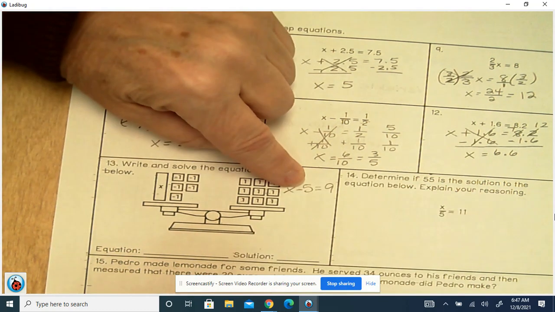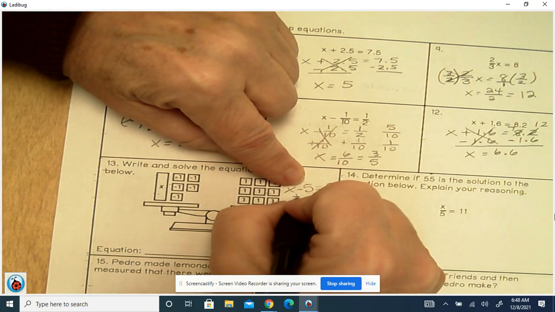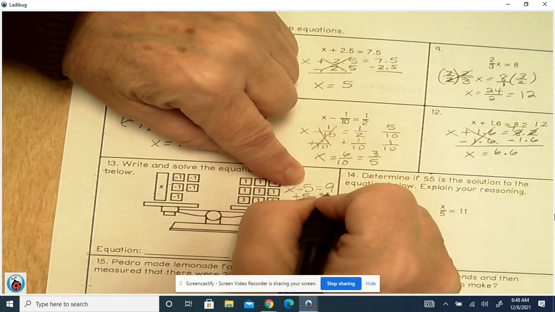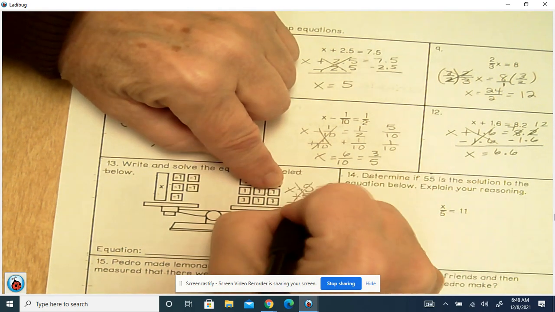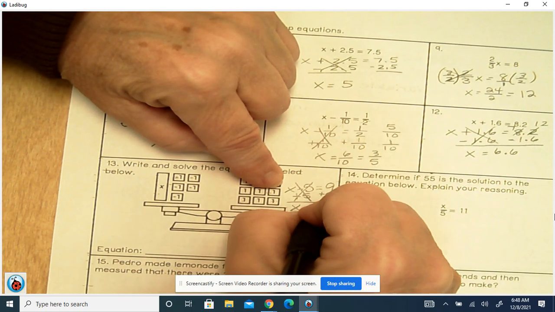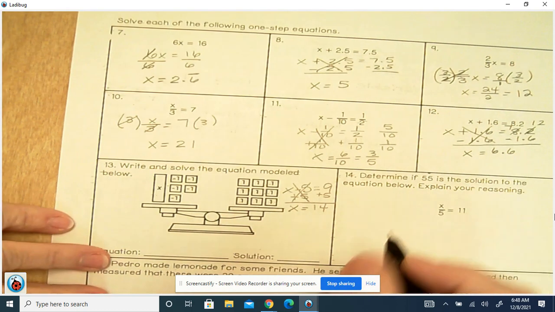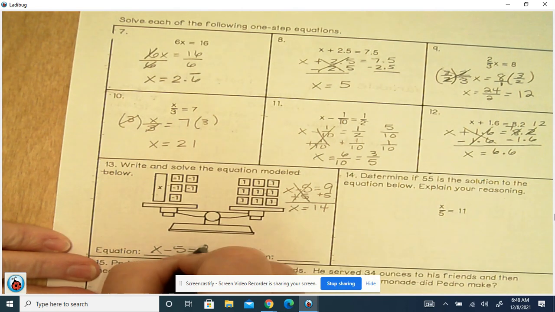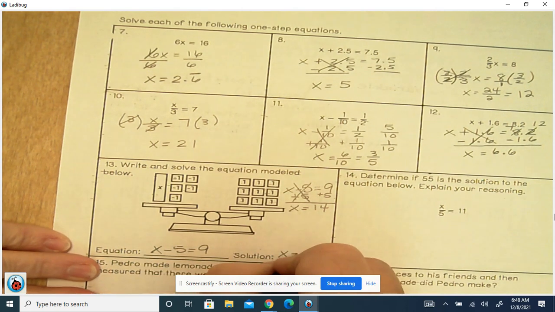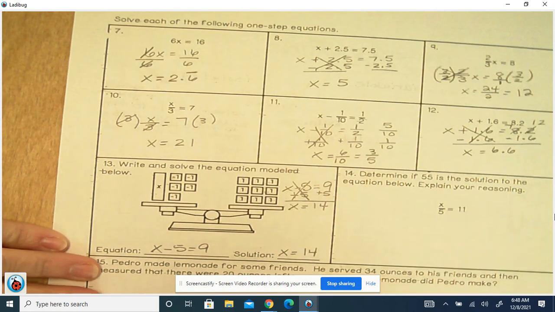And we're subtracting, so if you're subtracting, you're going to add to get rid of it, to get the variable by itself. They cancel each other out. You've got x equals 9 plus 5 is 14. So your equation is x minus 5 equals 9, and your solution is x equals 14.